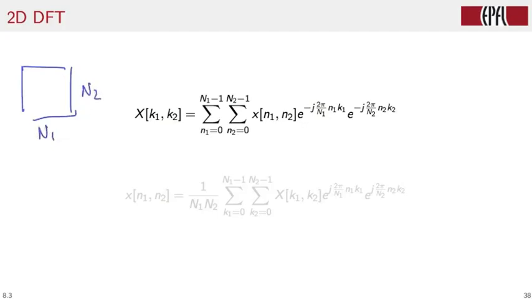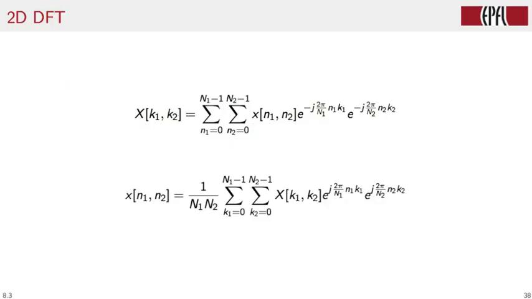The DFT is defined as the double sum for the first index that goes from 0 to big N1 minus 1 and the second index that goes from 0 to big N2 minus 1 of the values of the two-dimensional signal over the support times the product of two complex exponentials whose frequencies are 2 pi over big N1, n1, k1, and 2 pi over big N2, n2, k2. The product of these two complex exponentials represents a basis function for the space of images of size N1 times N2.